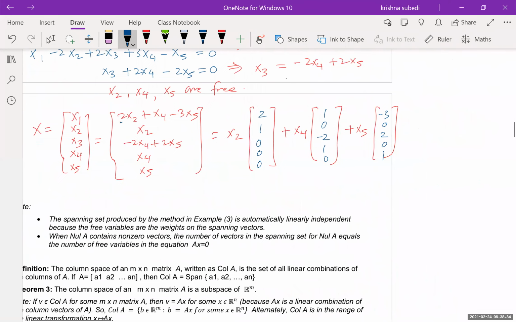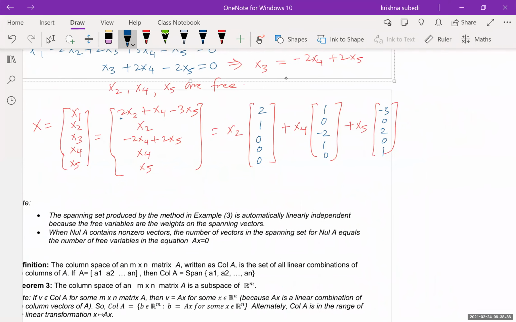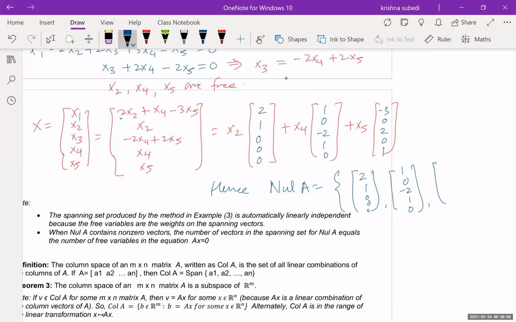All right, so what we saw is that the null space of A is actually created by those vectors. Those vectors are 2, 1, 0, 0, 0. Another vector is 1, 0, negative 2, 1, 0. And another is negative 3, 0, 2, 0, 1.